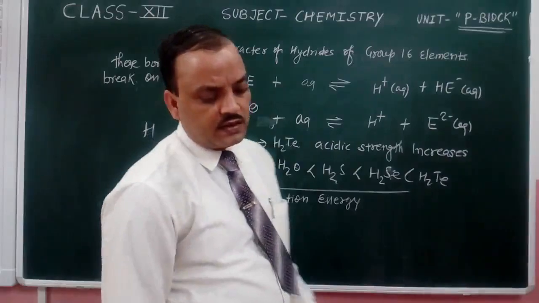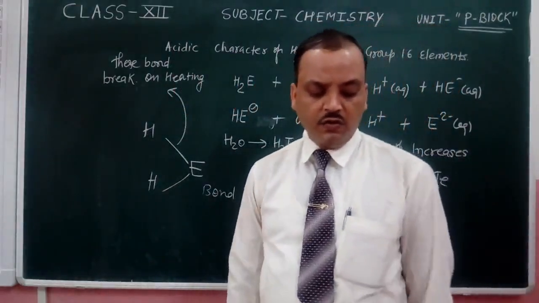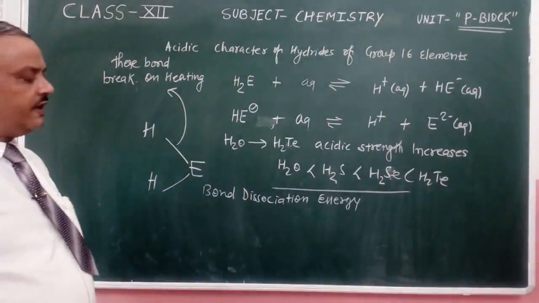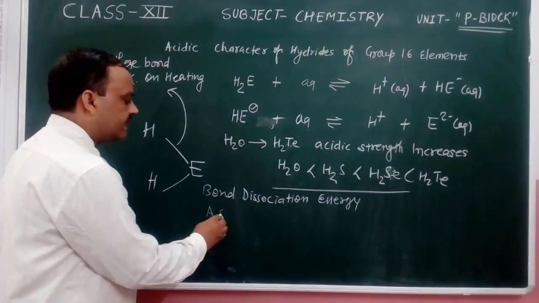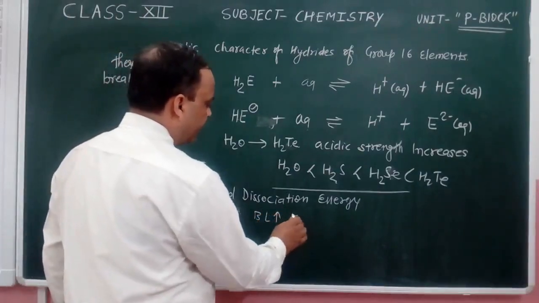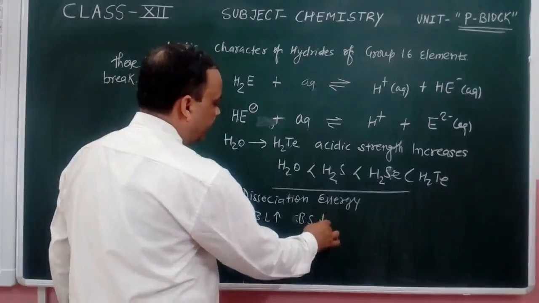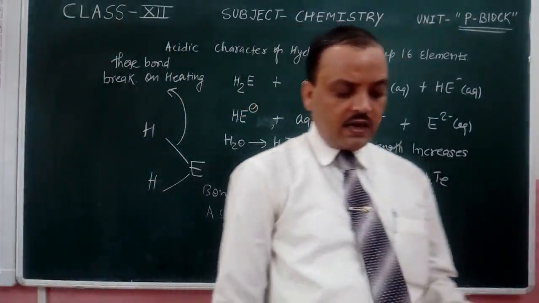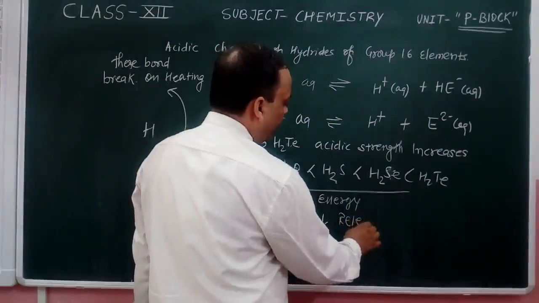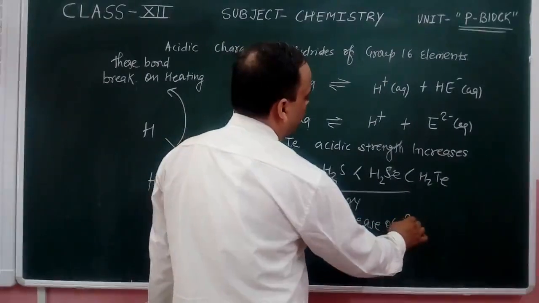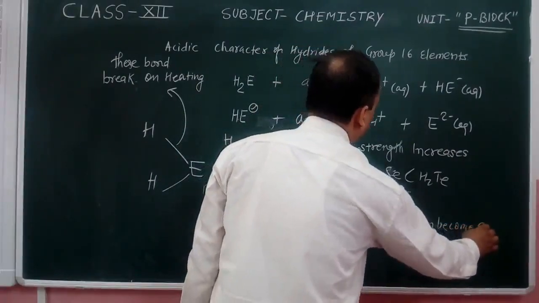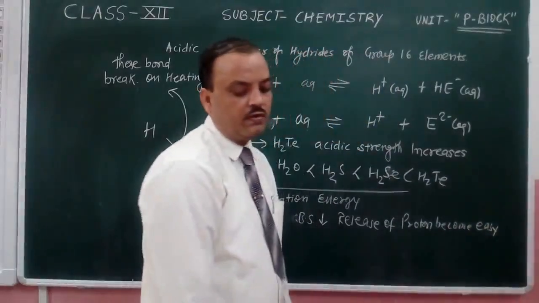Atomic size increases down the group, the bond length increases, and the bond strength decreases. When the bond strength decreases, release of the proton becomes easy.